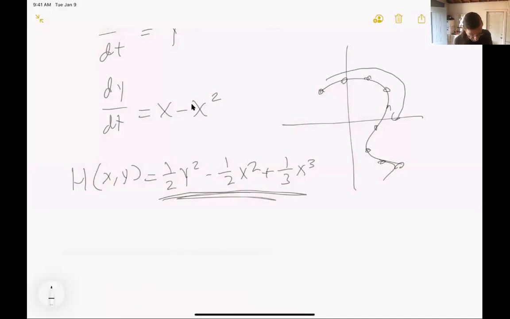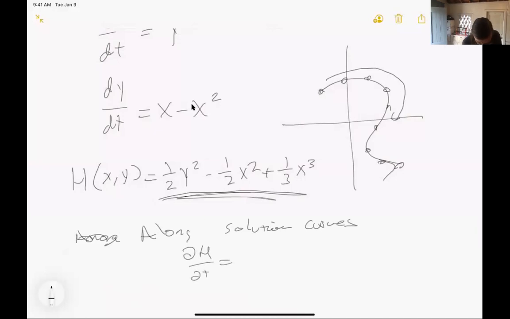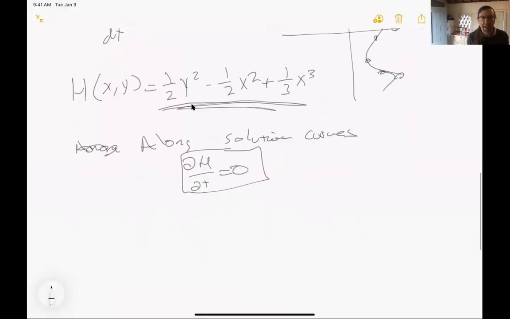So as long as I travel along a solution curve, H isn't changing, and another way to say H isn't changing is that its derivative with respect to time is 0.